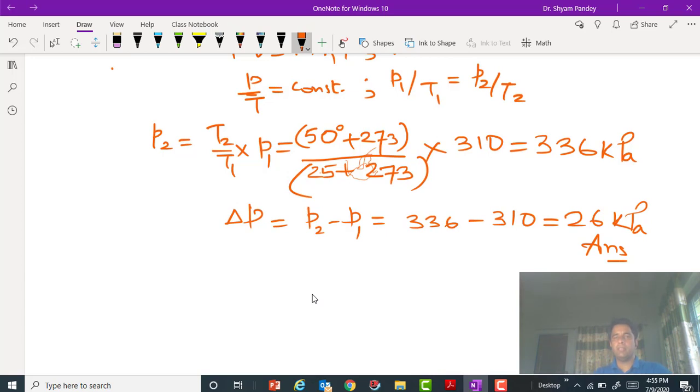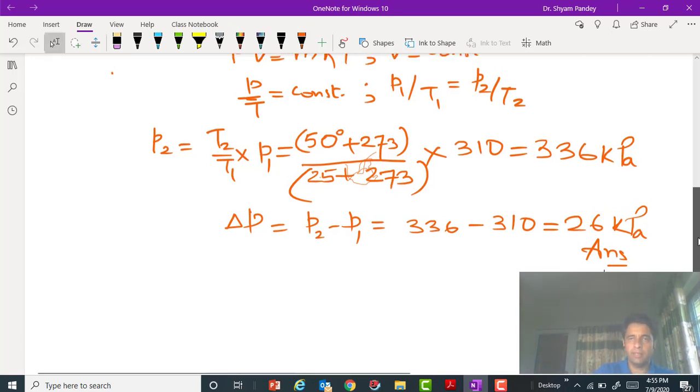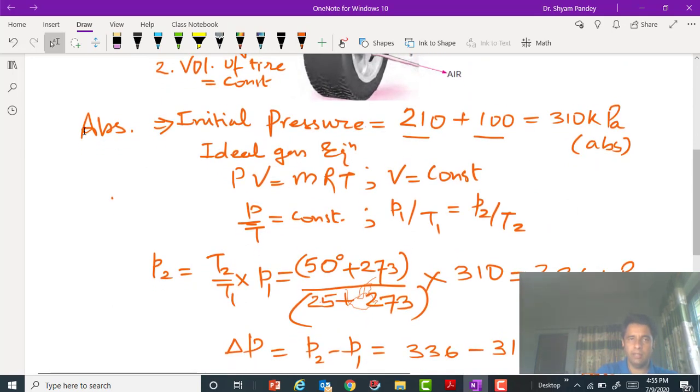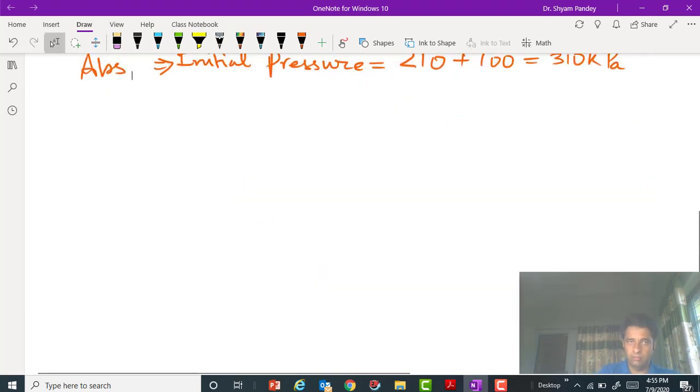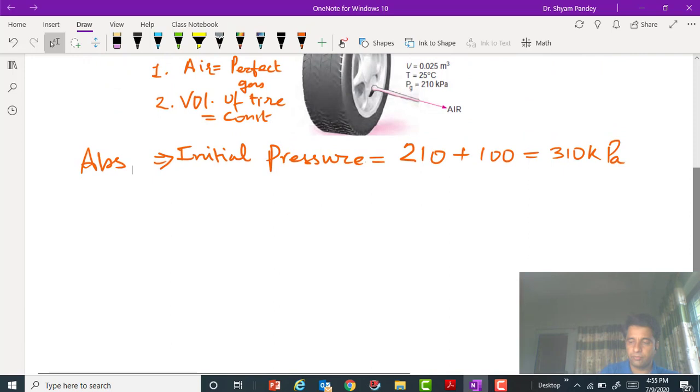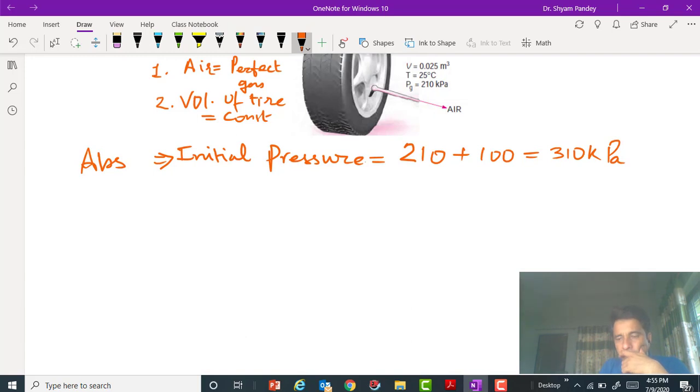Now, we will see how to get the differential mass which needs to be bled off to restore its original pressure. To do that, I will erase this part. This part is now done. Now look at the initial mass. As per the gas equation, mass equals P1 V1 upon R T1.